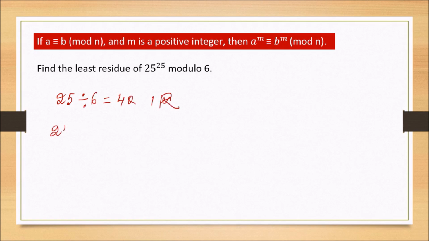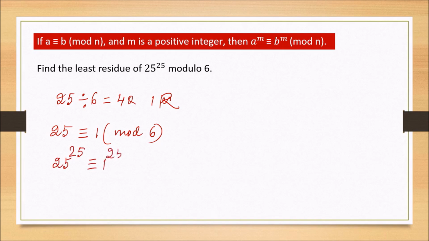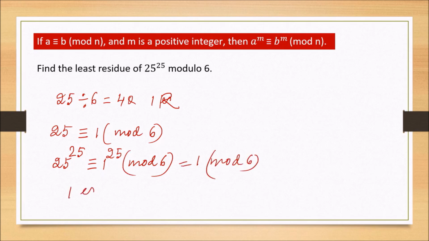So 25 is congruent to 1 modulo 6. So 25 raised to the power 25 is congruent to 1 raised to the power 25 modulo 6. 1 raised to the power 25 is again 1. 1 modulo 6. So 1 is the least residue.